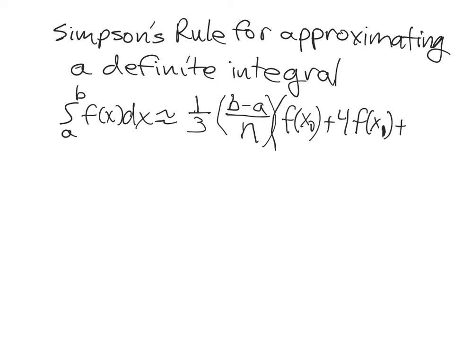And then plus, well, the y sub 3 in our parabola formula, that would be f of x sub 2. Okay, that would be the last part of our first approximation, but then we add the parabola formula for the next part, and the first portion of that will be f of x sub 2 as well. So we end up with 2 of these f of x sub 2.